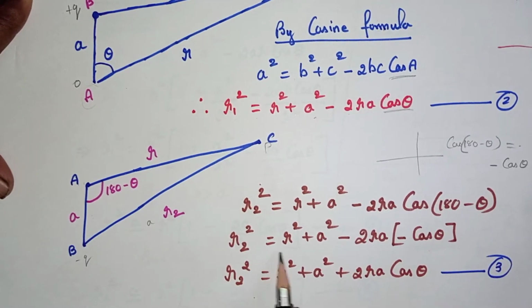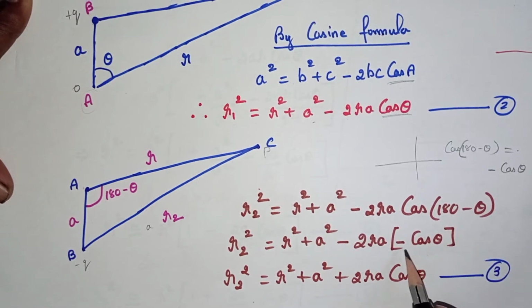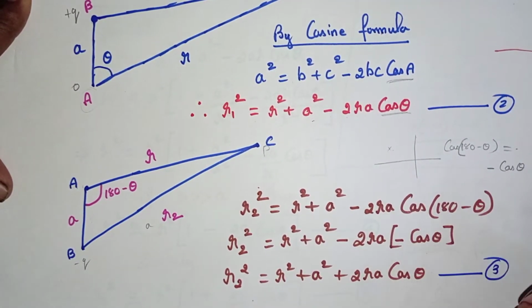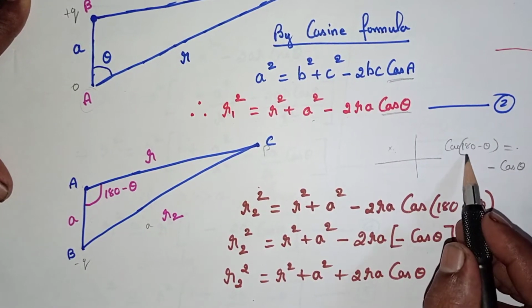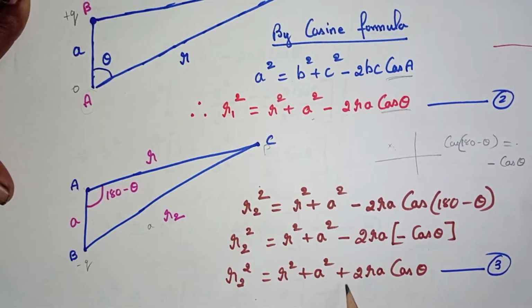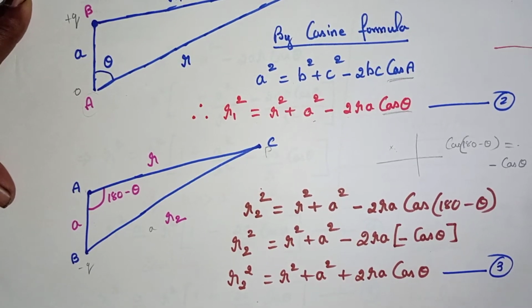So cos of 180 minus theta is minus cos theta, because 180 minus theta falls in the second quadrant, where only sine and its inverse are positive, the others are negative. So minus into minus will become plus. So r2 square is equal to r square plus a square plus 2ra cos theta. This is equation 3.